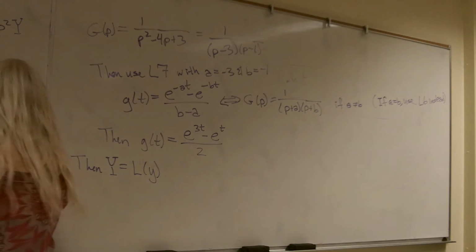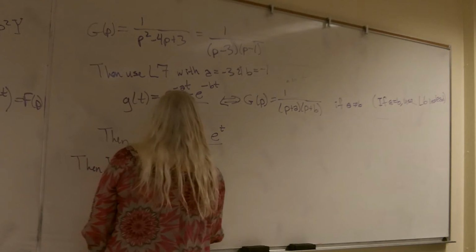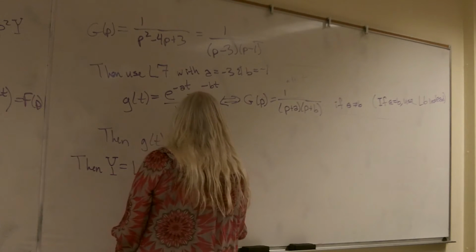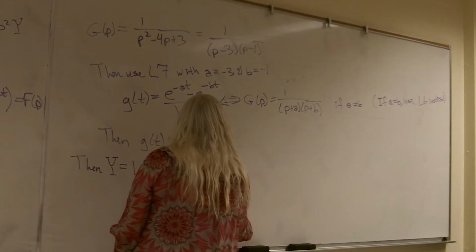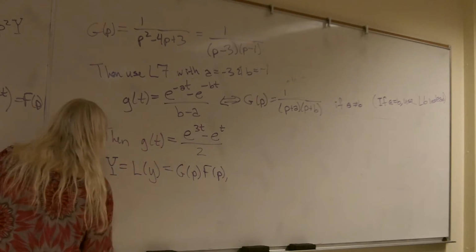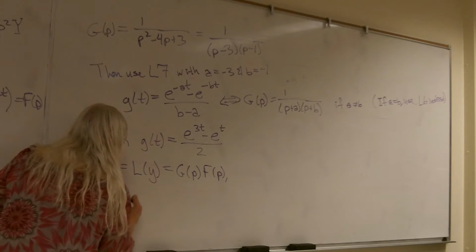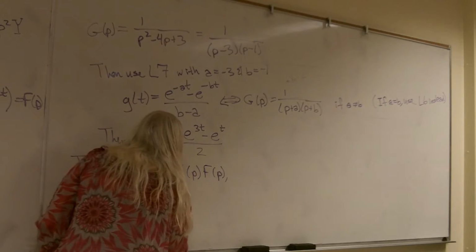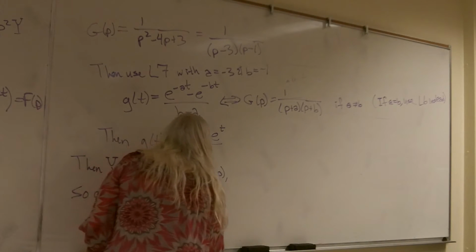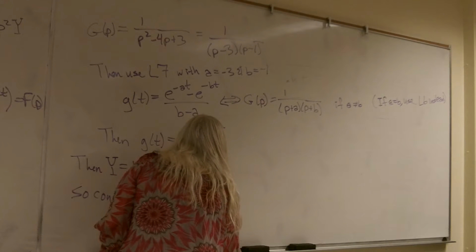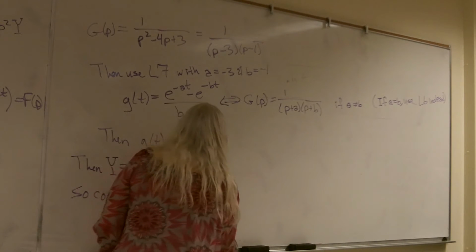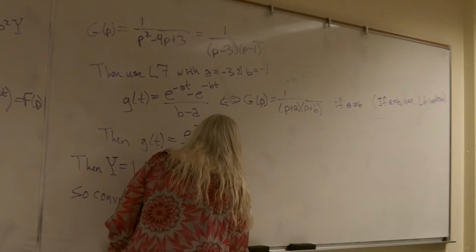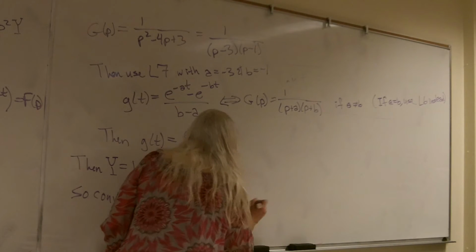Our capital Y was the product of the capital G of P and the capital F of P. So the convolution theorem tells us that we find our little y as the convolution of little g and little f. Okay?